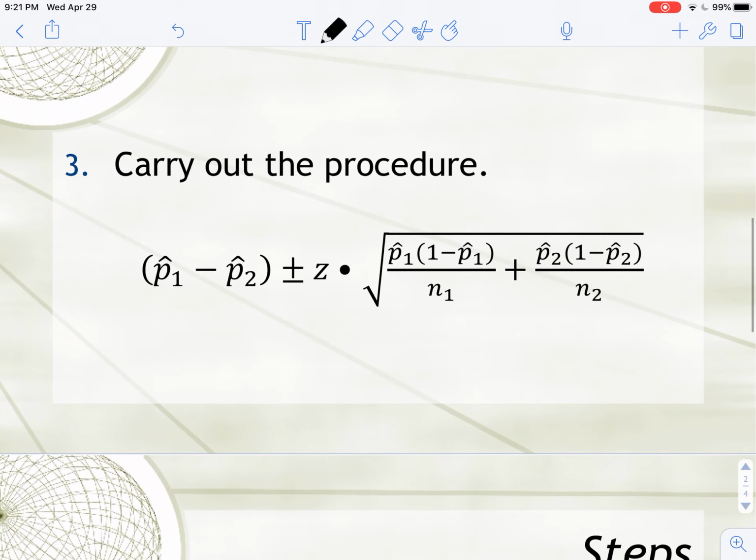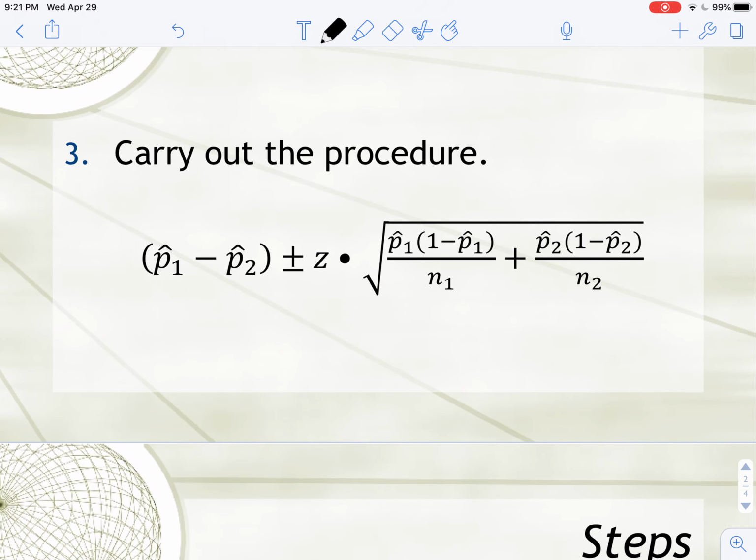All right, step three then, you actually calculate the interval. So the confidence interval consists basically of three things. So this will be your point estimate of your difference. So it's the difference of your two sample proportions. Then you got plus or minus your critical z-score. That's going to come from your confidence level.